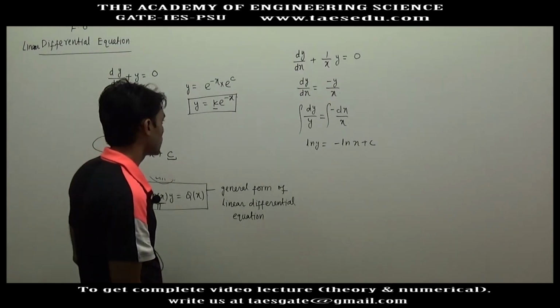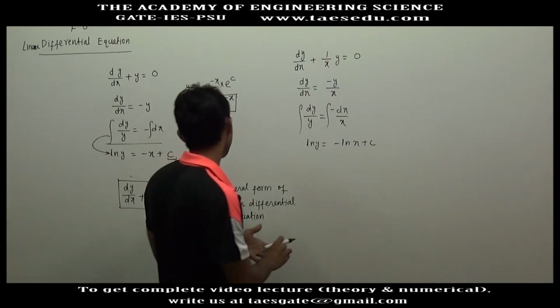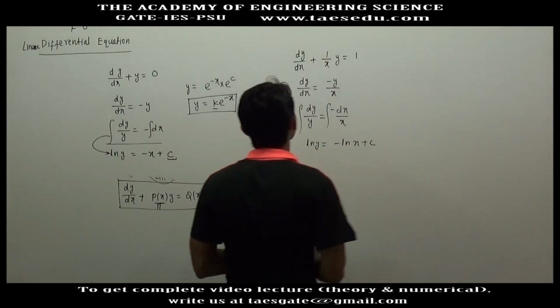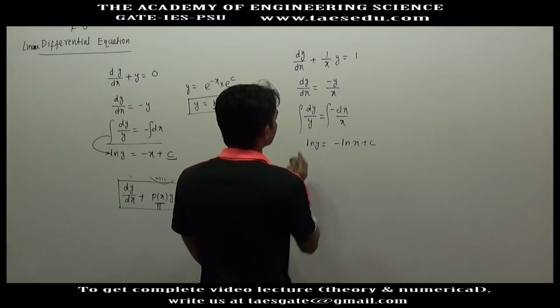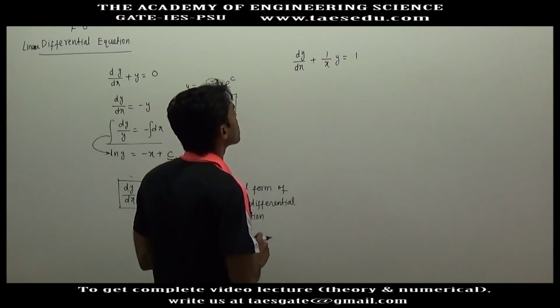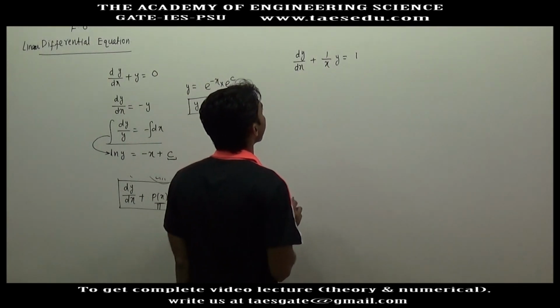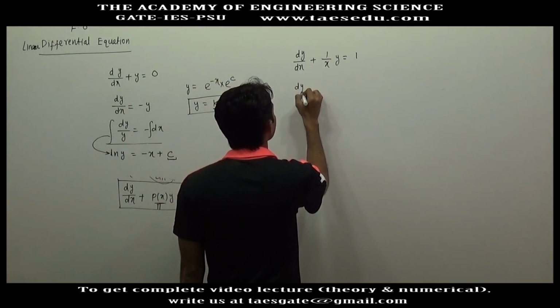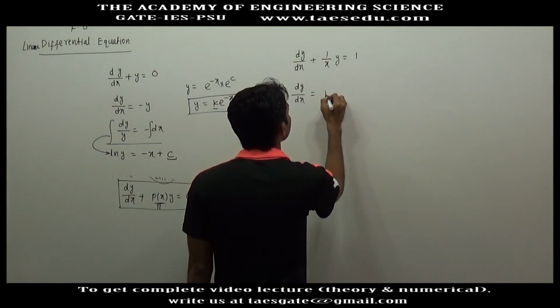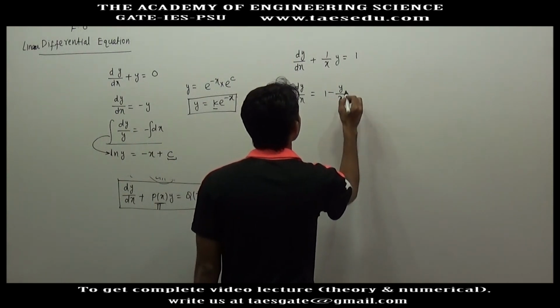Now instead of Q(x) equal to 0, we will take Q(x) equal to 1. So now we will try again. Here we will have dy by dx equal to 1 minus y by x.